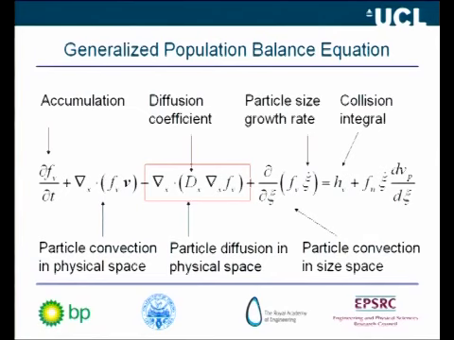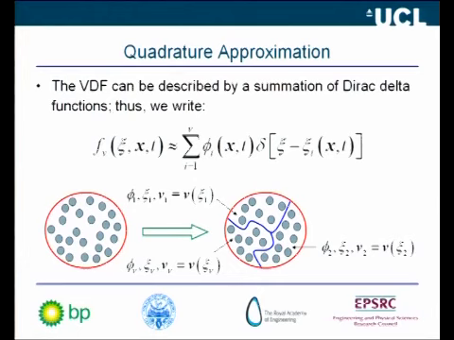Now our aim is to solve the population balance equation in order to calculate the volume density function, and we would like to do this within CFD using a commercial CFD code. The problem is that this equation has more than three dimensions, so we have to come up with a numerical method to solve it within a customary CFD code.